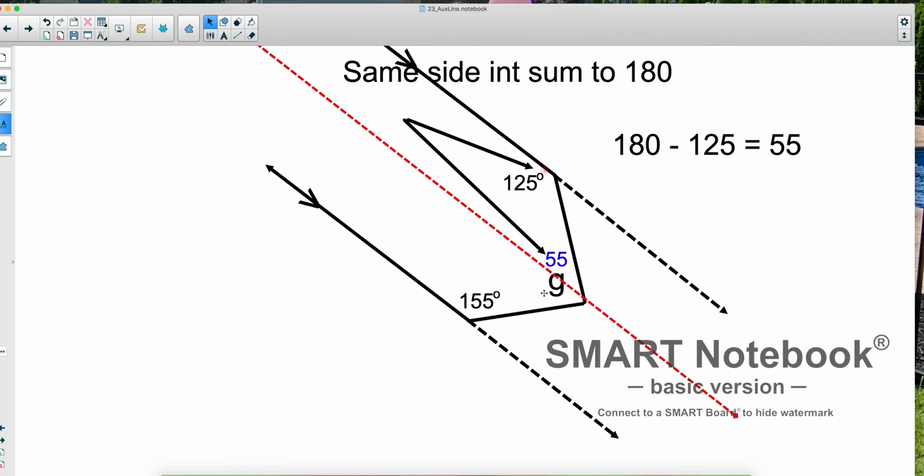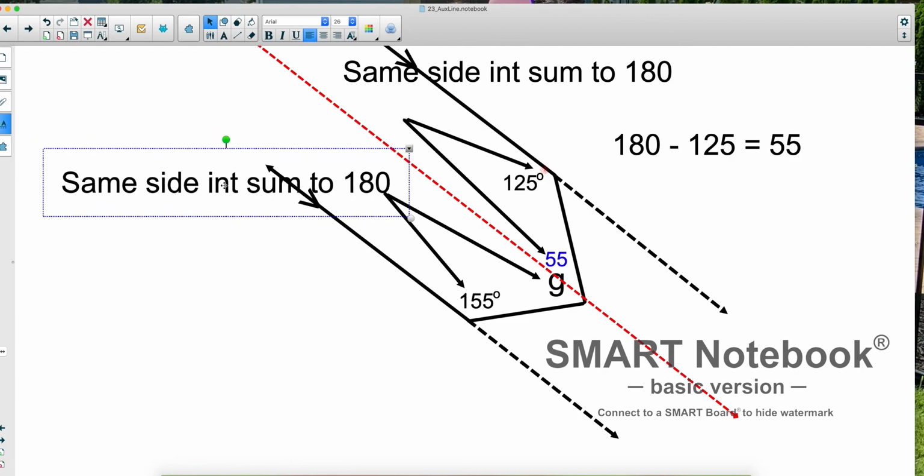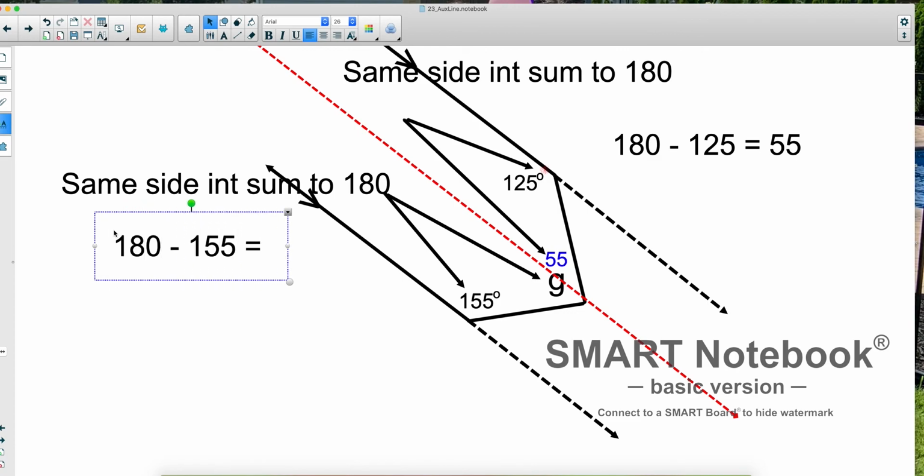The 155 in this little part of G. So again, I'm going to just point that out so we all know what we're talking about here. Okay, so then we have 180 minus 155, right? So then that's going to give us our 25.